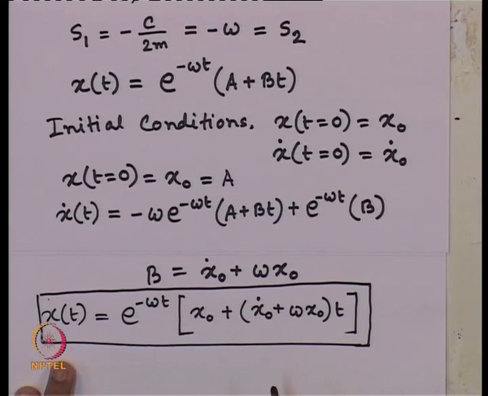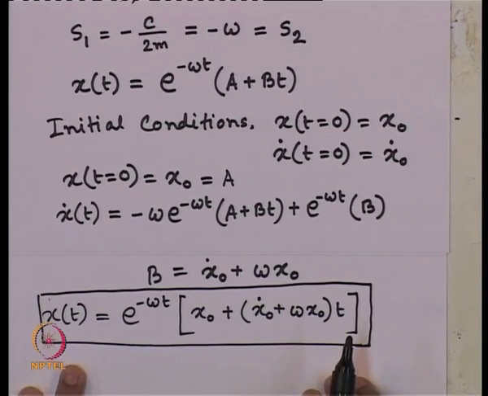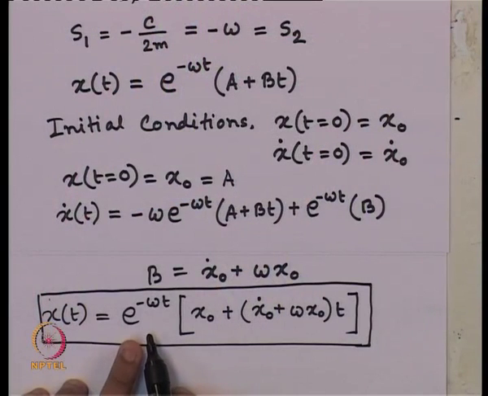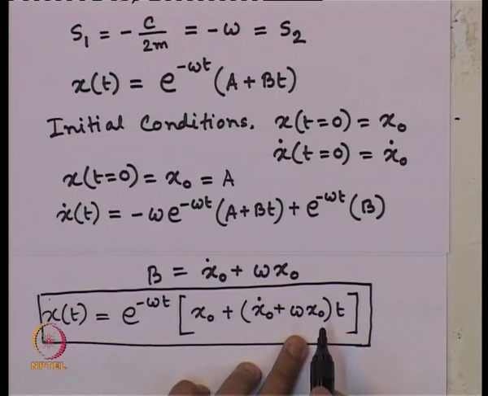Now, how can we plot this response? Because finally, we want to look at the behavior of the response, that is how x of t varies with respect to time. If we look at this expression, let us see what components it has. It has one exponential component and a polynomial component.